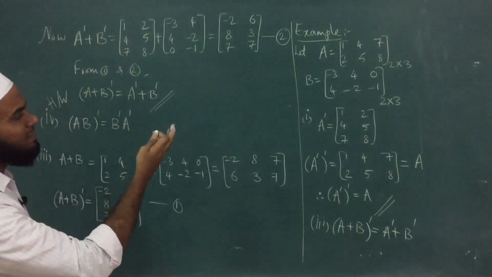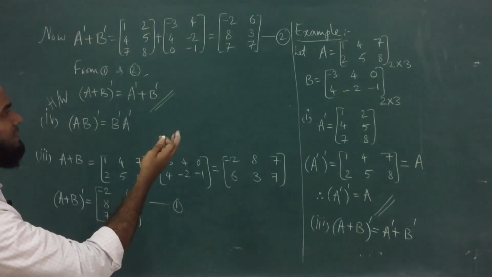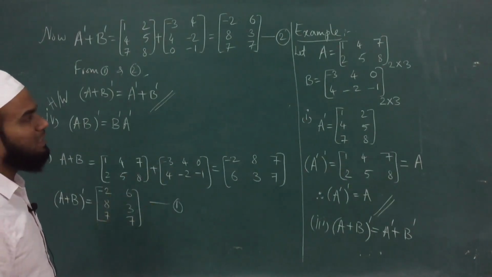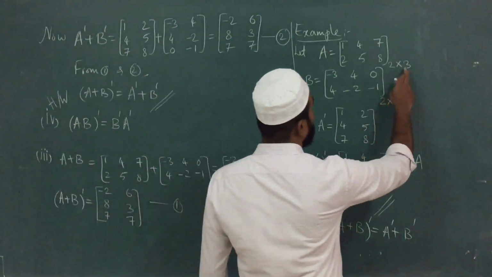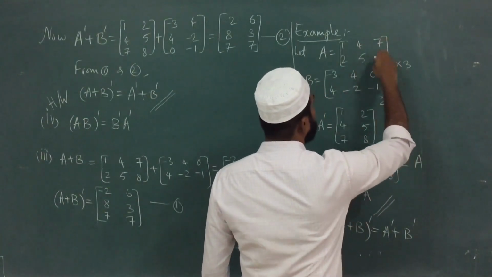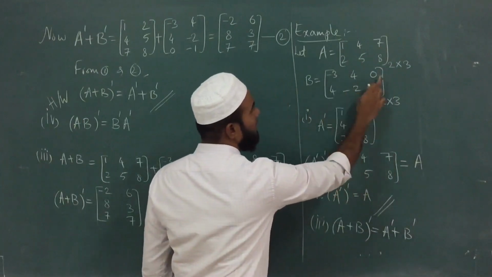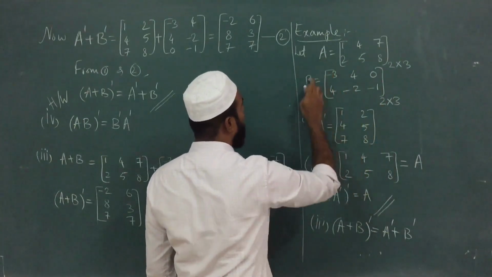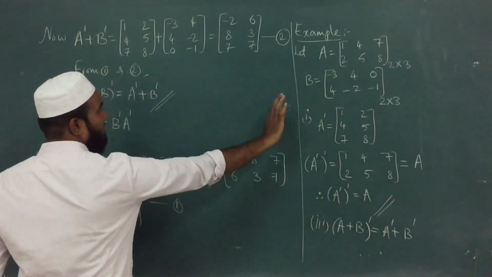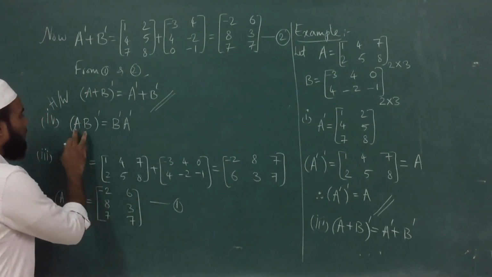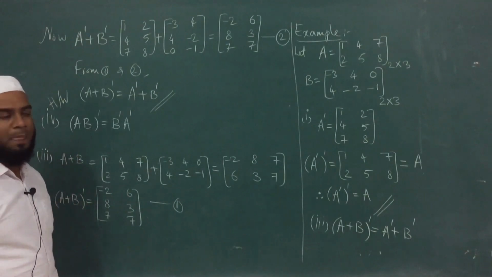But if you consider these matrices, then the multiplication AB is not possible, because the number of columns here is 1, 2, 3 and the number of rows here is only 2. So multiplication of AB is not possible with these matrices, right? You can consider two other matrices where the multiplication is possible.